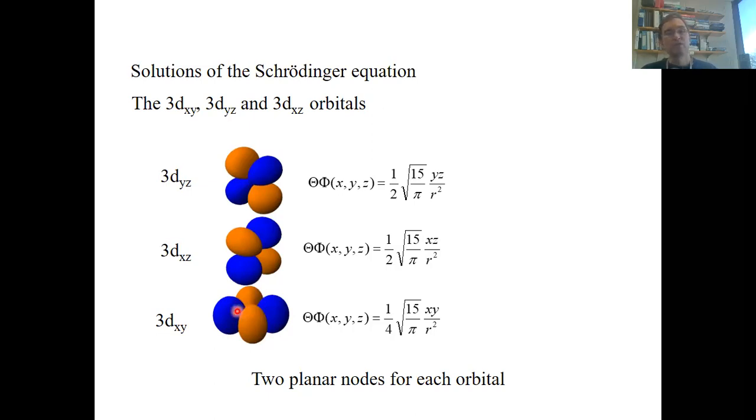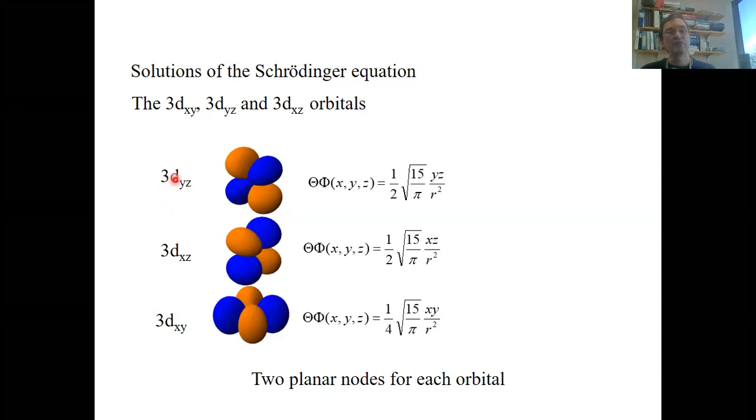Okay, so similarly, the 3dxz has four lobes, and these four lobes are in between the x and the z axis, because the yz and the xy axes are the nodes.